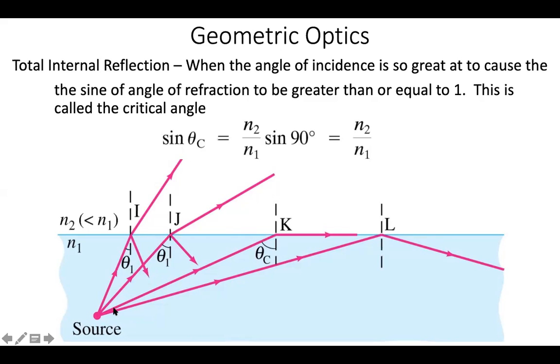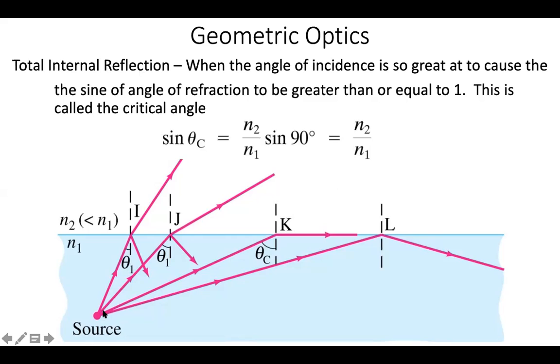We increase the size of the angle of incidence enough, it's going to bend away from the normal so far that it's actually 90 degrees. So none of the light actually escapes the water. That's called total internal reflection. None of the light escapes the water.